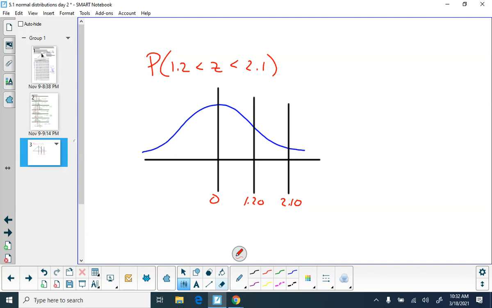Probability is the same as area. So we're talking about this. We're looking at the z value, the area between 2.1 and 1.2. So I want to calculate this area right here.